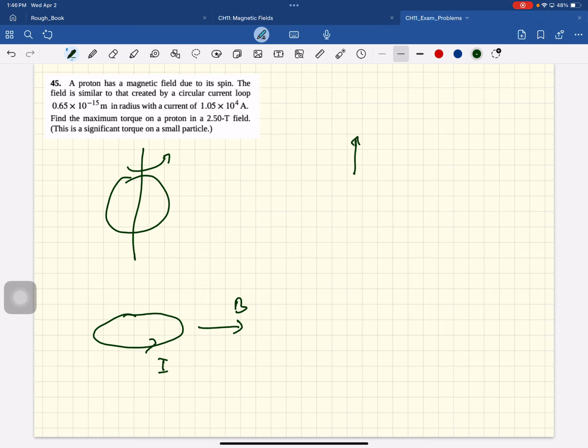When the magnetic moment is pointing in the direction of the magnetic field, the potential energy is the lowest. When it's pointing in the opposite direction, then the energy is highest. Okay, so there's mu and there's the magnetic field. This is a low energy state, and when the proton is pointing away, that's a high energy state.